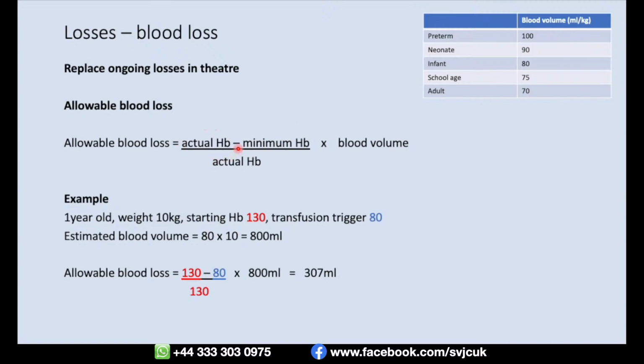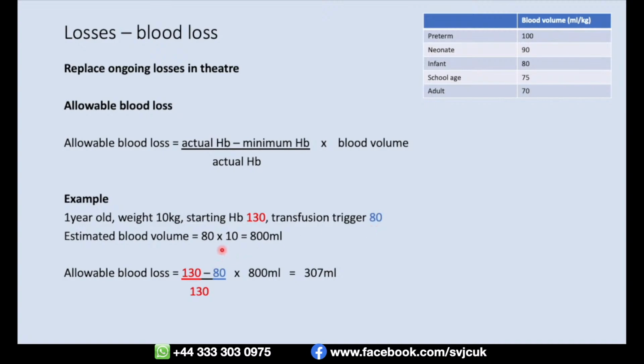We measure the preoperative hemoglobin in here, and then we calculate the child's blood volume using this table that I showed to you earlier. So as an example, if you have a 1-year-old who weighs 10 kilos, we've measured their starting hemoglobin at 130, really good value, and we've decided that their transfusion trigger during surgery is going to be 80.